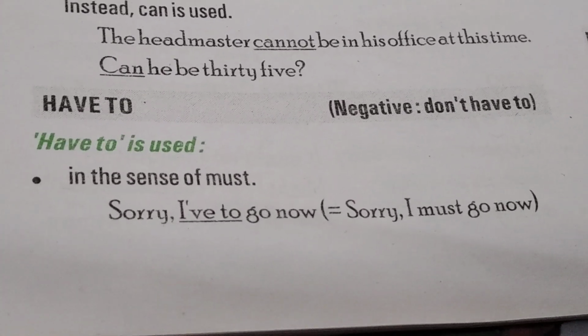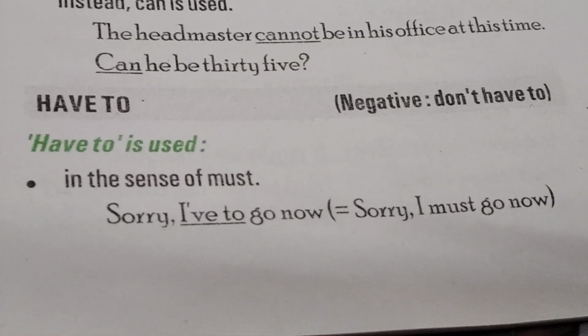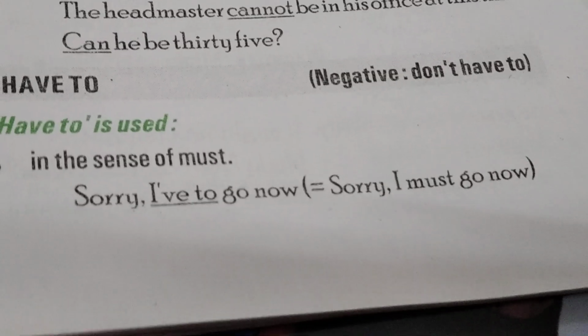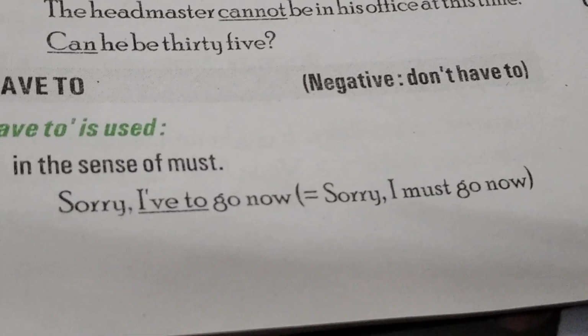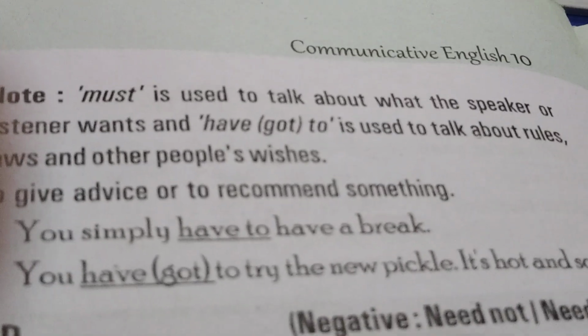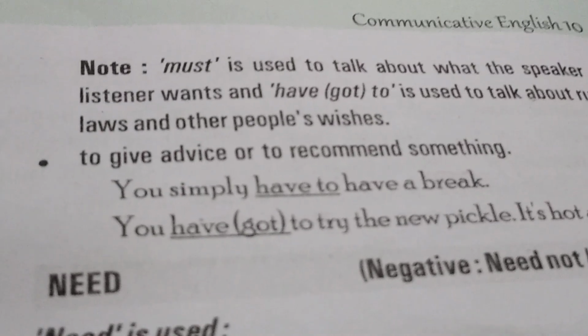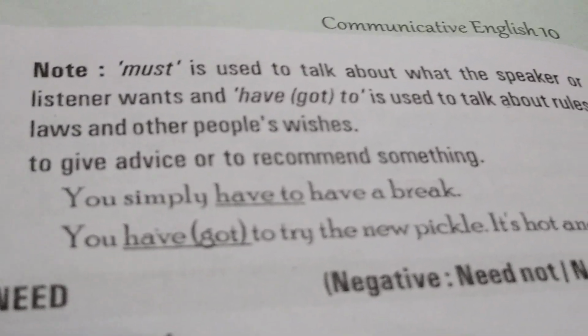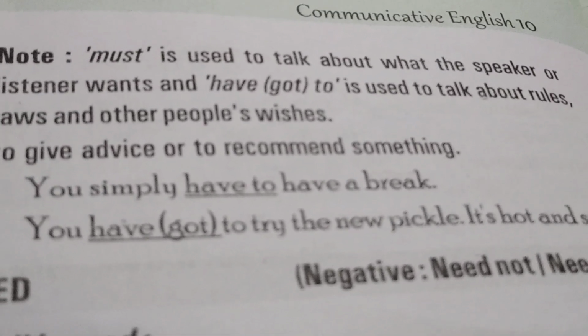Right? Then have to. Have to's negative is don't have to. Have to is used in a sense of must. Sorry, I have to go now. Sorry, I must go now. Must is used to talk about what the speaker or listener wants. And have to talks about rules.